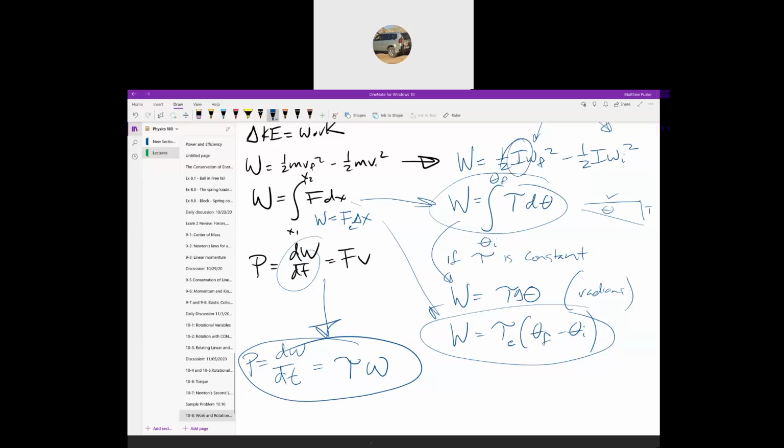If something's rotating, we're typically concerned with the torque, not just the force. We need to know the distance at which the torque is acting, or the force is acting, causing torque. And everything should be in radians. Radians per second, radians per second squared.